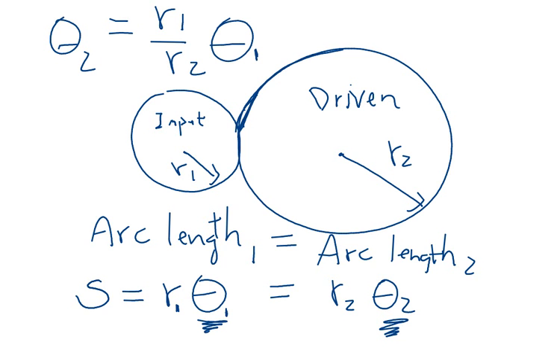It means when R2 is much larger than R1, then this ratio is small. And that means when gear 1, your input gear, rotates by a certain amount, gear 2 is going to rotate by a much smaller amount. Which is why in first gear in your car, you can't go very fast. Because your input gear might be rotating at, say, 6,000 RPM, but your wheels, or gear 2, your driven gear, is rotating at a much smaller amount.